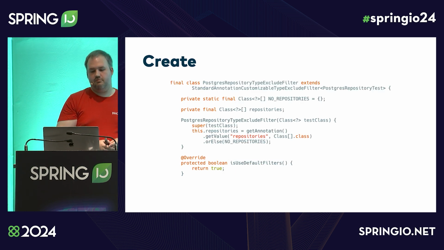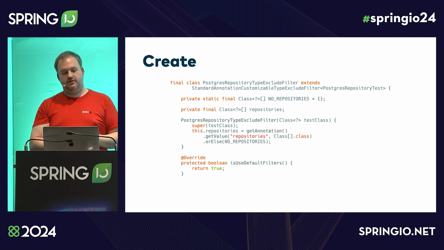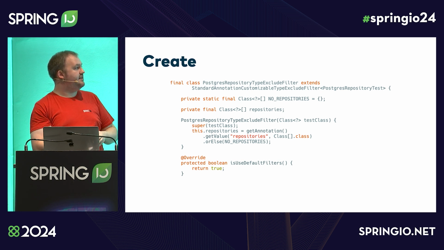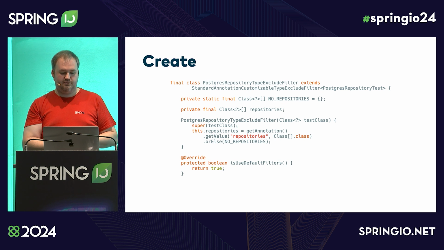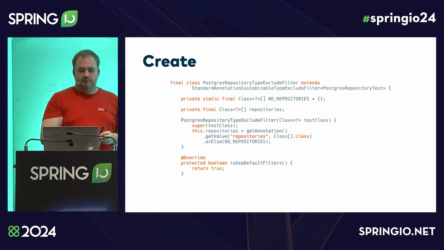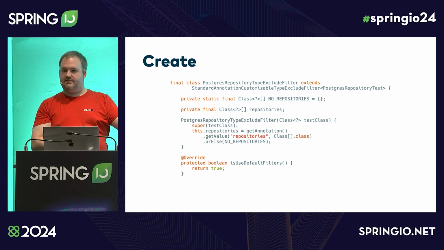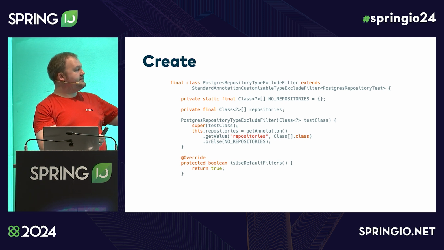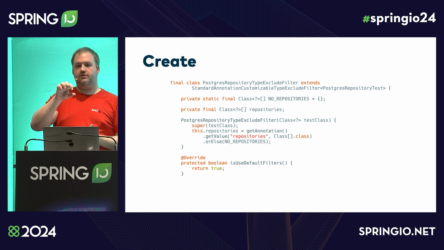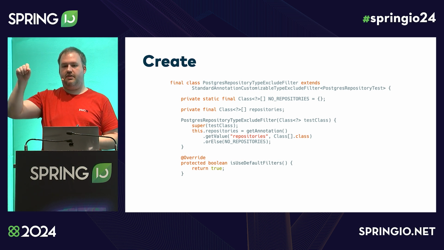And that's more or less a class implementing or extending the standard annotation customizable type exclude filter. Spring naming is long but precise. And in that case, in the constructor, I get passed the annotation itself, so I can extract metadata from there. And in this case, if in the annotation the repository's value was set, I will only load the repositories that were specified there.